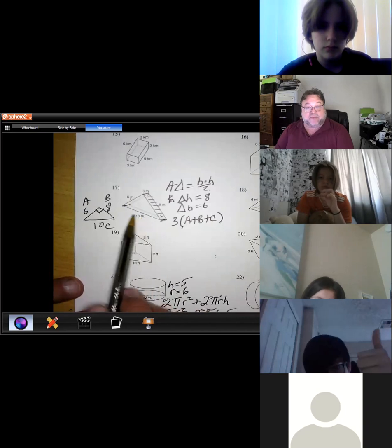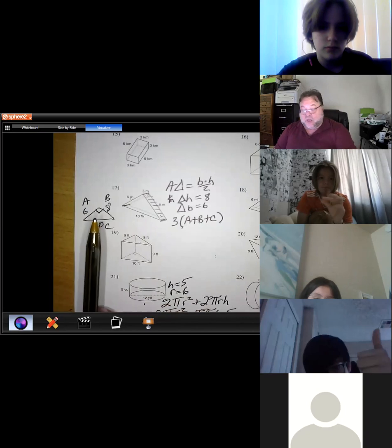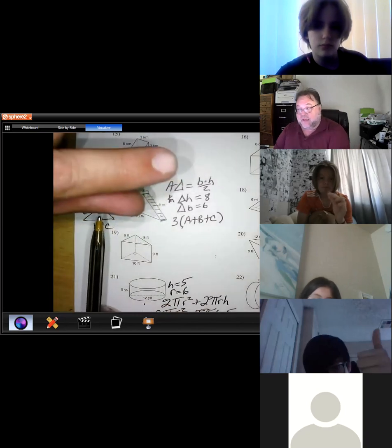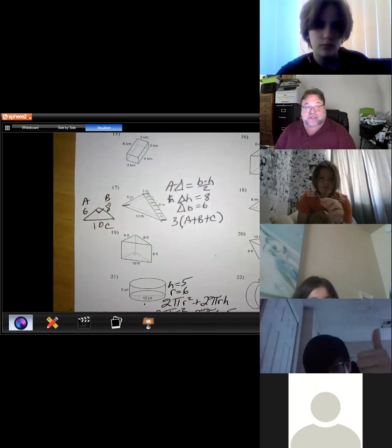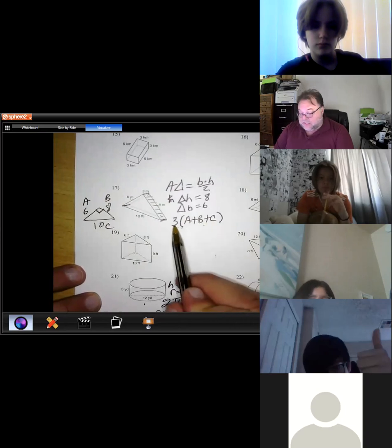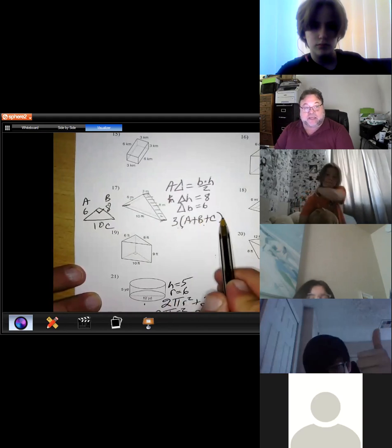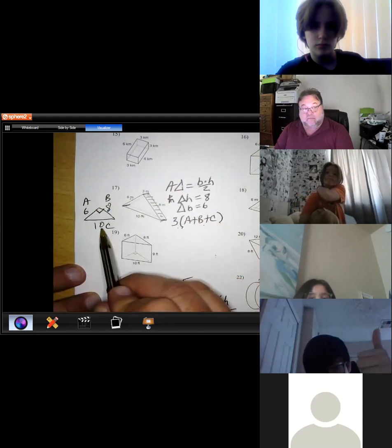So kind of move that object around in your head and see how you can rotate that thing so that the 3 is facing you directly instead of kind of off to the side. But wouldn't this give me the measurement of those side rectangles? Think about it for a minute, wouldn't it? Because it's 3 times A plus 3 times B plus 3 times C, isn't it? A, B, and C, right?